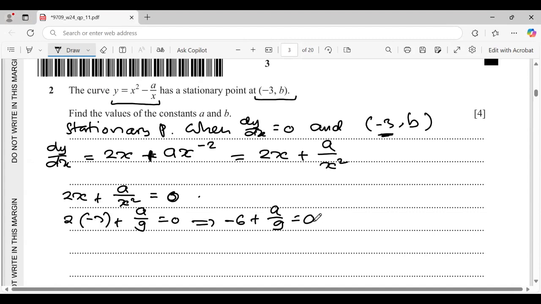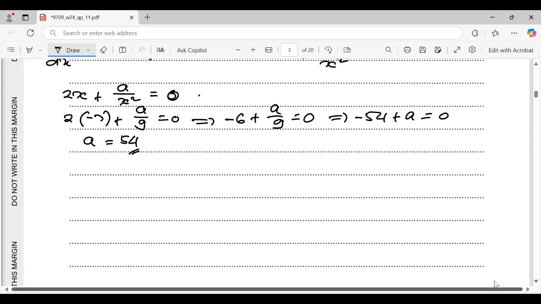So if we multiply the left-hand side and right-hand side by 9, it becomes minus 54 plus a equals 0. So a equals 54. This is a.